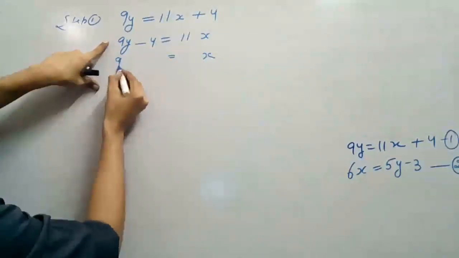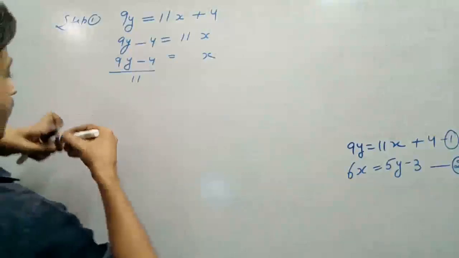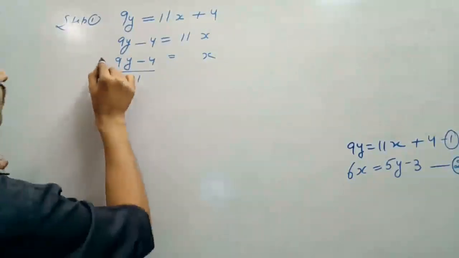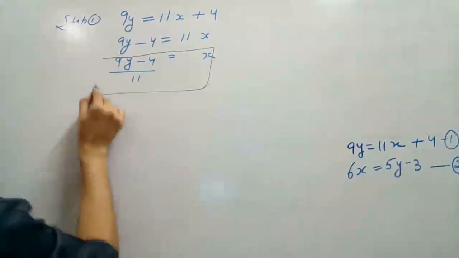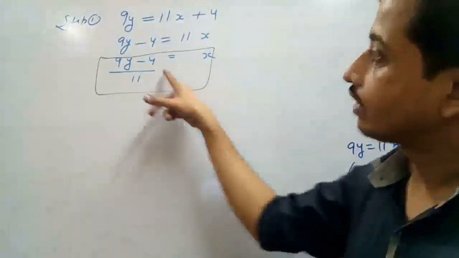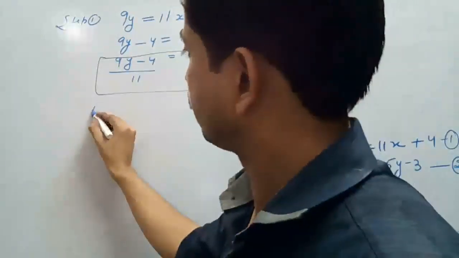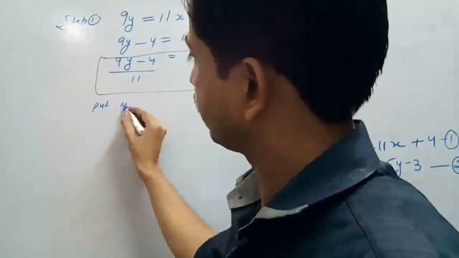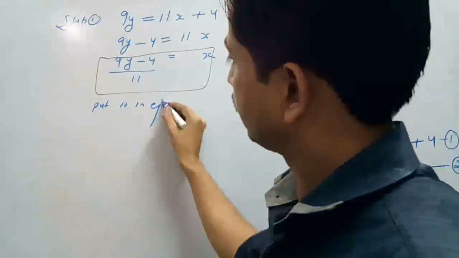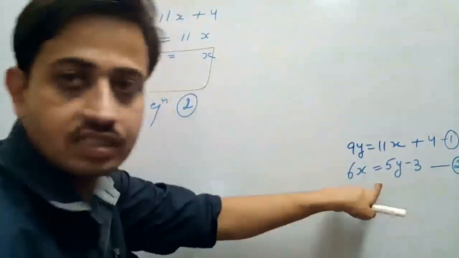We have to take this 11 to the denominator part. So we get x is equal to 9y minus 4 divided by 11. Now the second step is what? Put it in equation 2. The second equation is this.